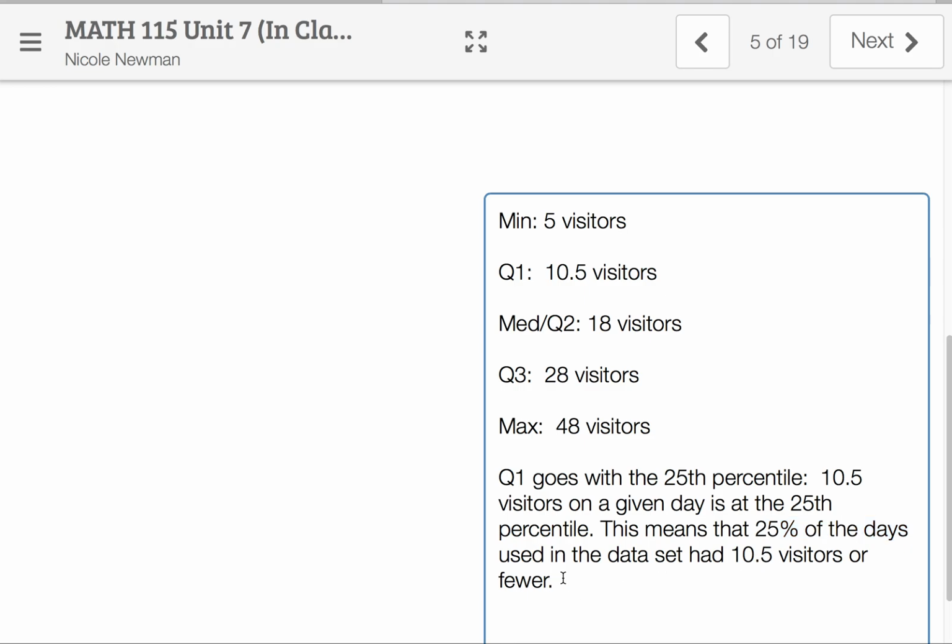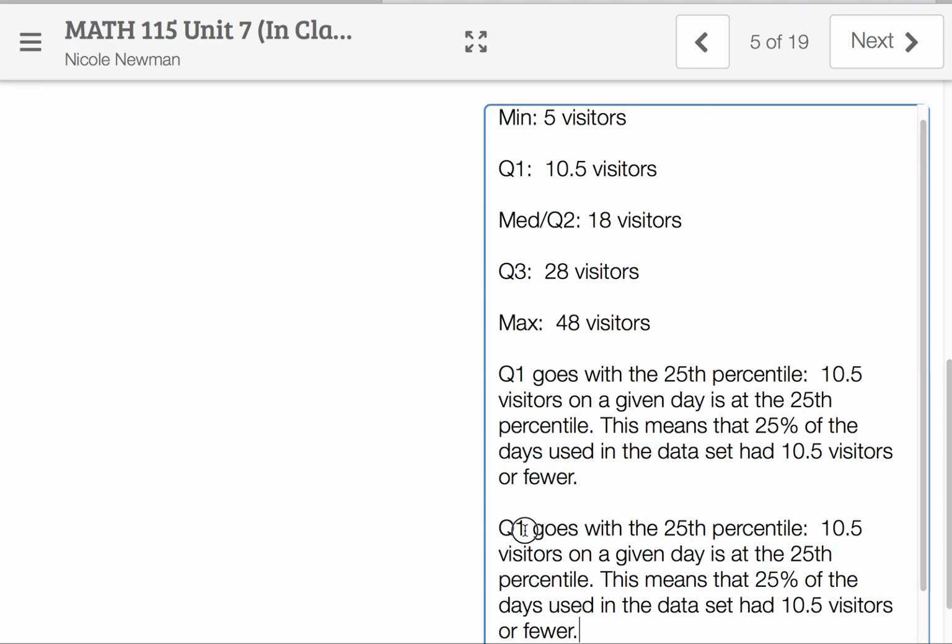We're going to do a similar thing with Q2 and Q3. Maybe we can just copy and paste some of this and fix it up. Maybe that would be faster. So Q2, the median, goes with the 50th percentile, and our value there was 18 visitors. And that's at the 50th percentile.